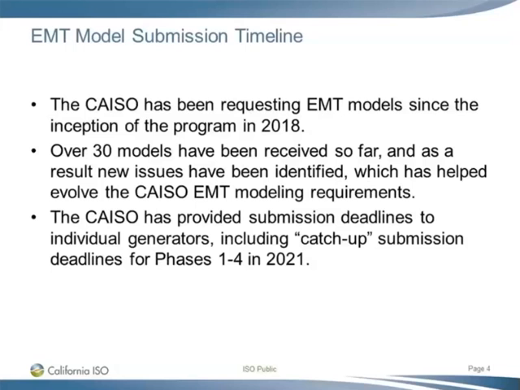By reviewing those models, we have learned and we have updated the model submission requirement. Then due to this criteria change after 2018, we have to catch up on the earlier submissions during phases 1 to 4. So those in phases 1 to 4, the inverter-based or asynchronous generators that are not close to a series compensated line, are also required to provide EMT models.